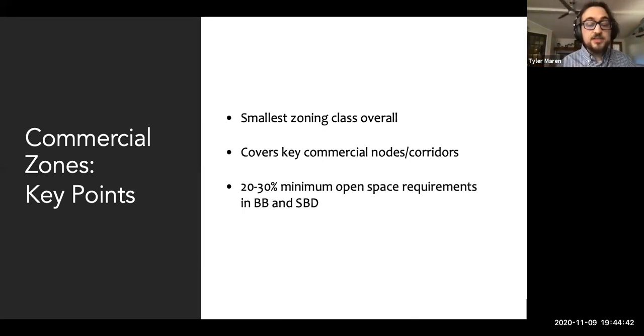And in some zones there are differing open space requirements. There's a solid 20 to 30% in the default business district and the southern business district, and then in the gateway districts, there are much more detailed requirements that we'll go into on those slides. So let's get into it.